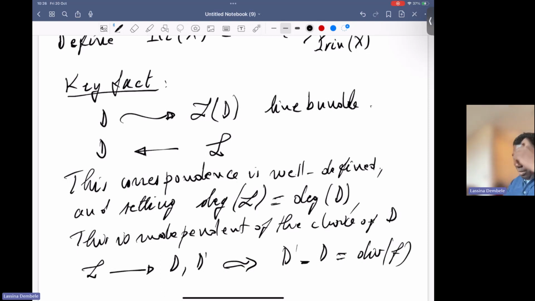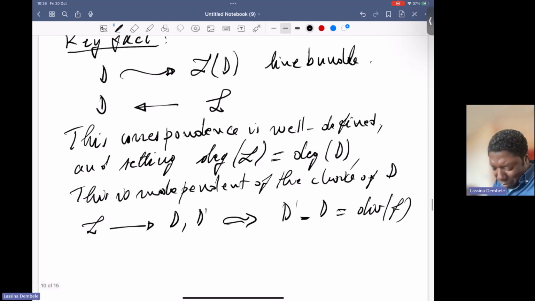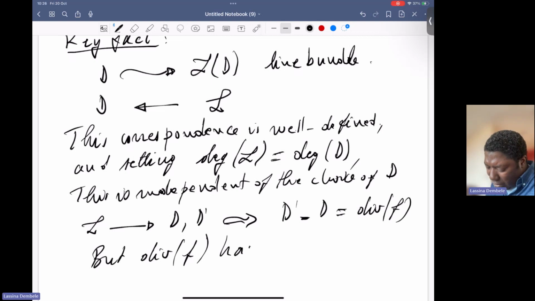And of course, the divisor of a function has degree 0. Okay.